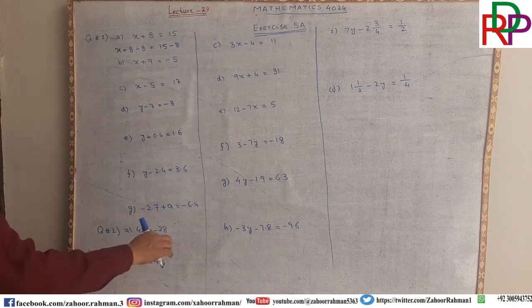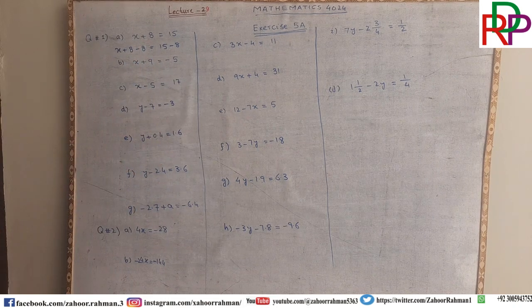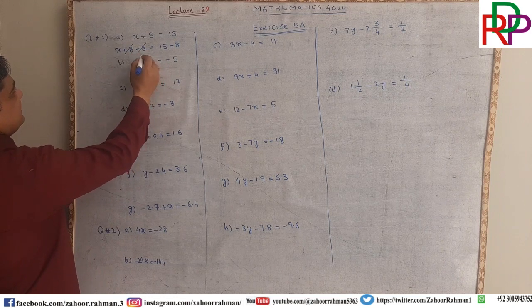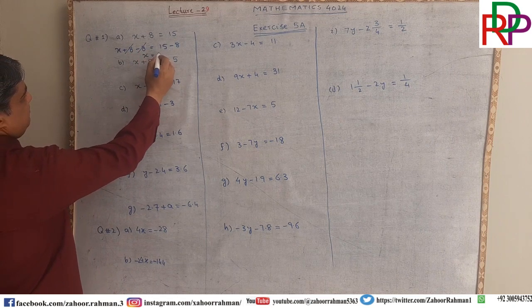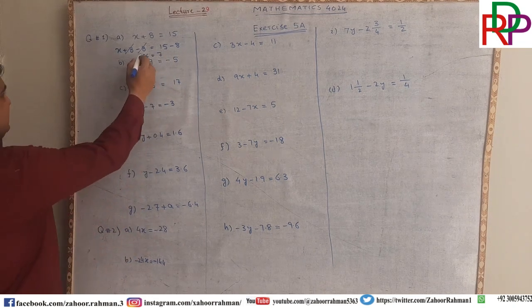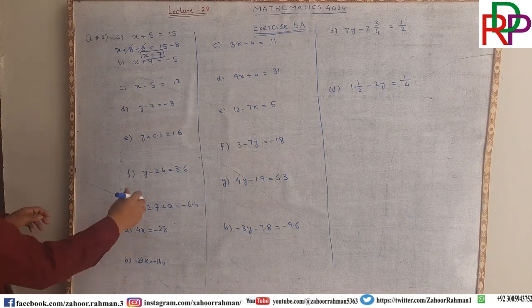Remember that whatever you are doing on the left side of the equality symbol, you have to do on the right side as well. So this will be cancelled with this and we will only be left with 7. So this is the answer. x is equal to 7.